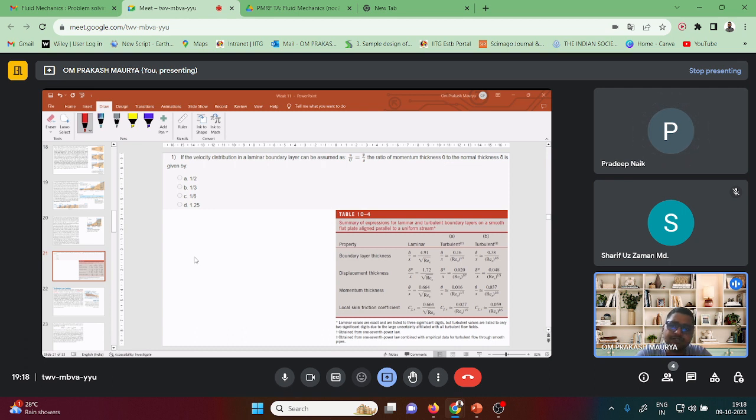Question number one: if the velocity distribution in a laminar boundary layer can be assumed as small u by capital U equal to y by delta, the ratio of momentum thickness theta to the boundary layer thickness delta is given by.